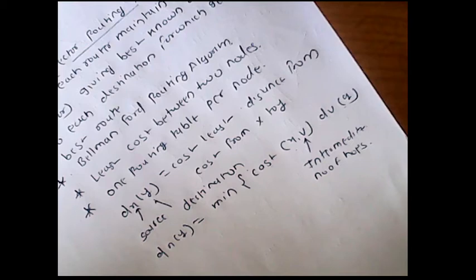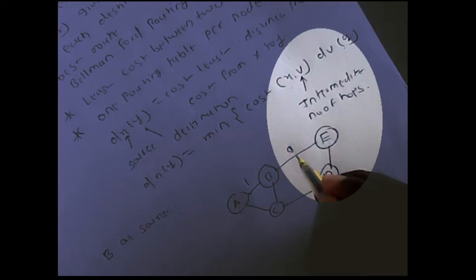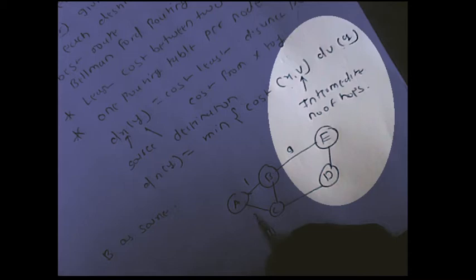To better understand how the distance vector routing algorithm operates in real time with the current topology, we consider an example: a network consisting of A, B, C, D and E. Here we consider B as the source, and there is a cost on each path, which defines the metric: 5, 4, 3, 2.